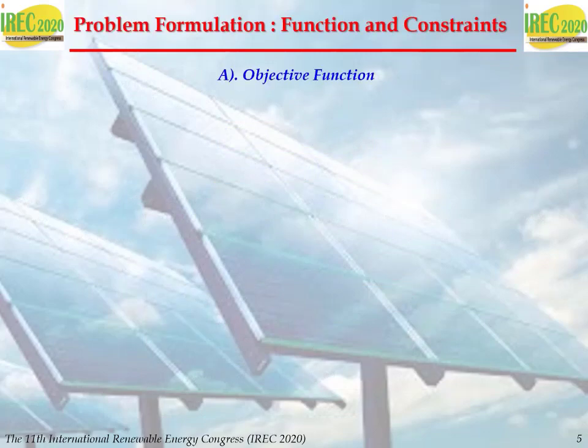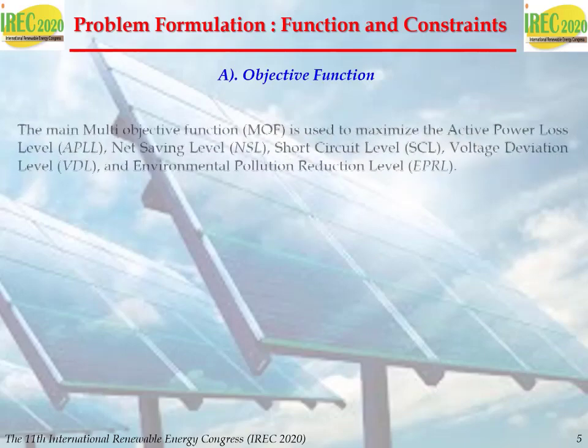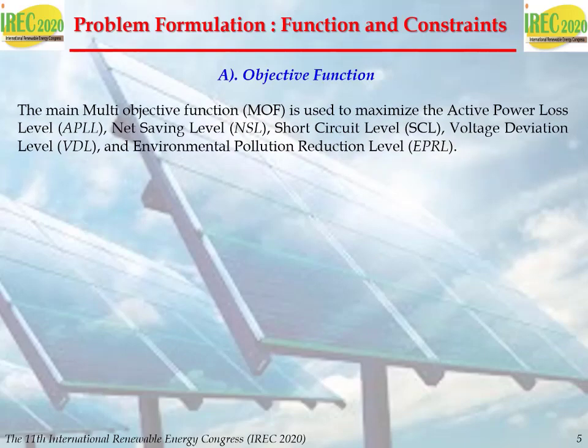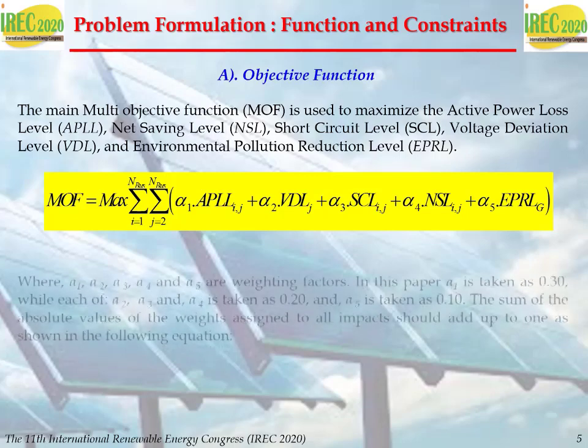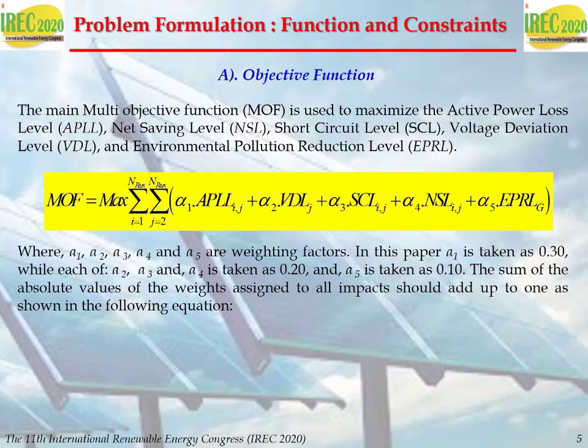For the problem formulation, in the objective functions, the main objective function is used to maximize the APLL, NSL, SCL, VDL, and UPRL, which can be expressed by the equation as follows. Where alpha 1, alpha 2, alpha 3, alpha 4, and alpha 5 are the weighting factors.